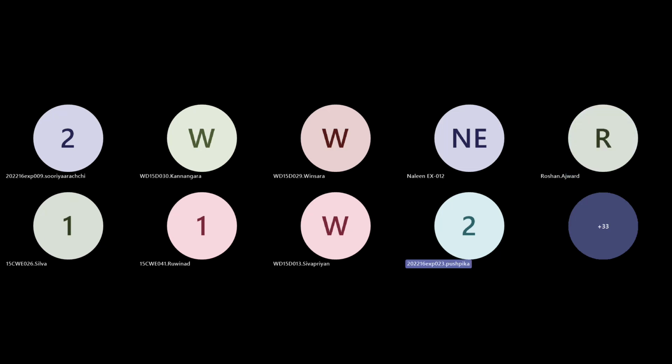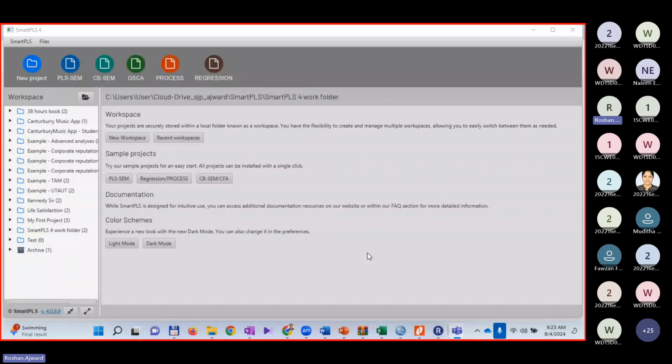Yes, sir. Okay, good. Right, so now I think you have installed Smart PLS and opened it. It would look like this. First of all, when you start Smart PLS, you have to set the current workspace. Wait, I'll share my screen with you. So you can see that this is the Smart PLS screen that you will see.